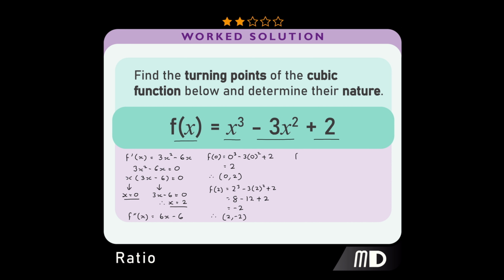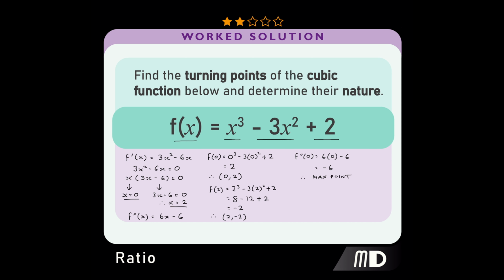F double dash 0 is equal to 6 multiplied by 0 minus 6, which is equal to minus 6, which means that 0, 2 is a maximum point.